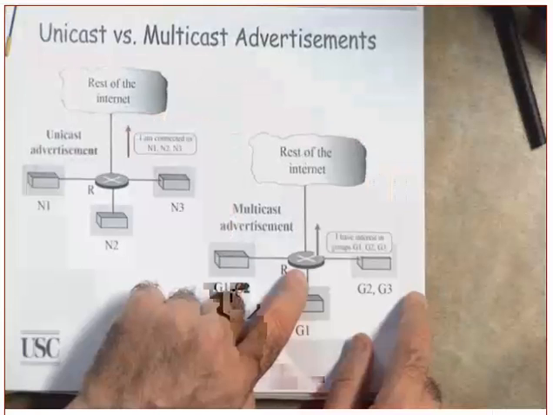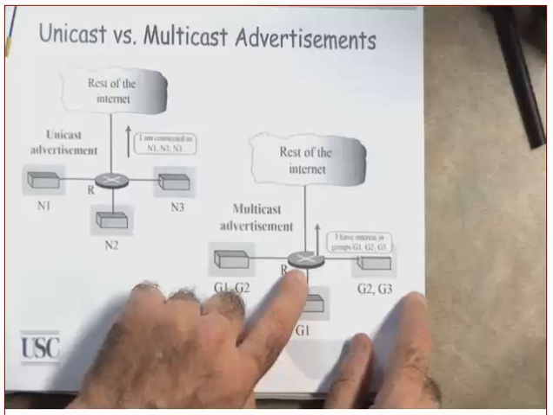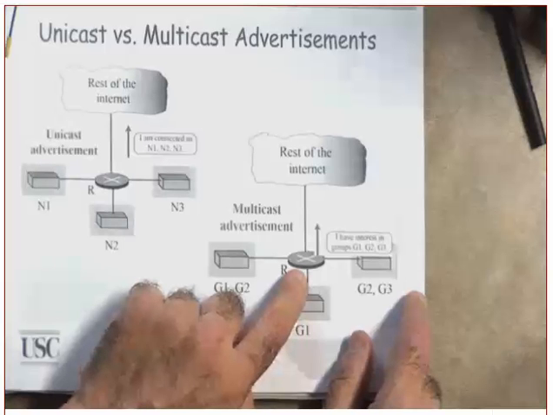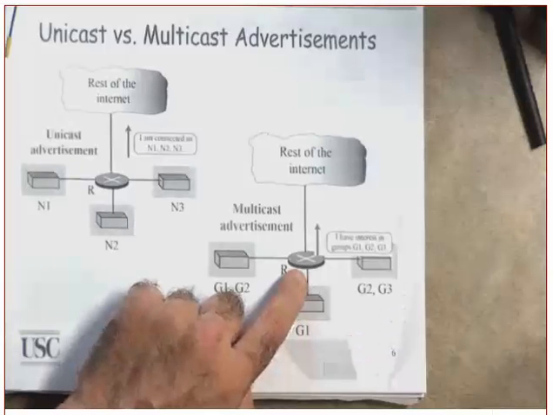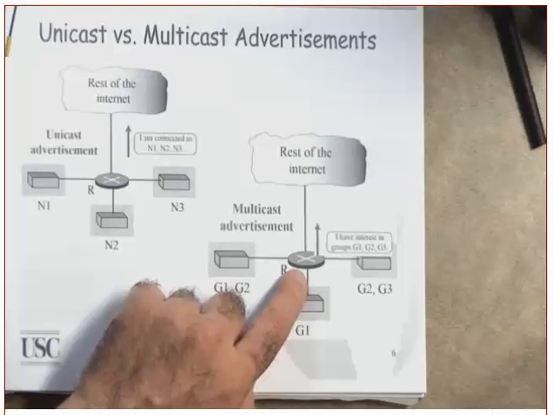It consists of the following. This is 32 bits long, the IP address. The first 4 digits are 1110, and here we have the multicast address. How many multicast addresses do we have?